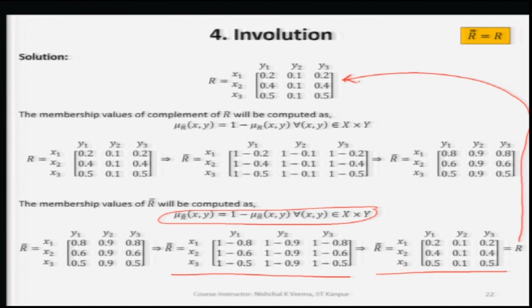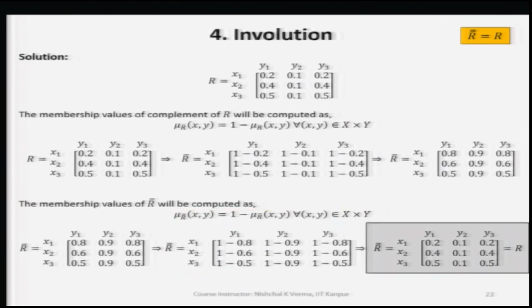Means double complement of R is going to give us R, where R is the fuzzy relation matrix. So, this way we can say that the involution property holds good for the fuzzy relation set.